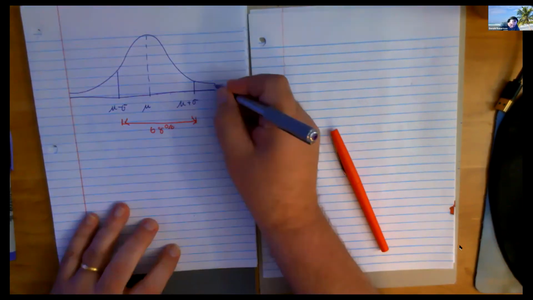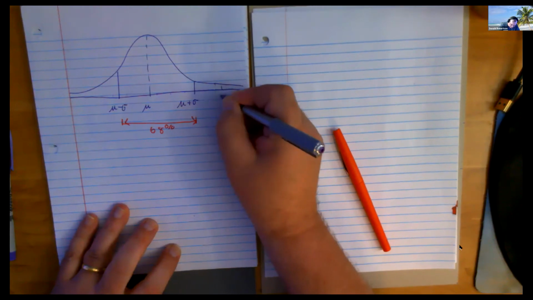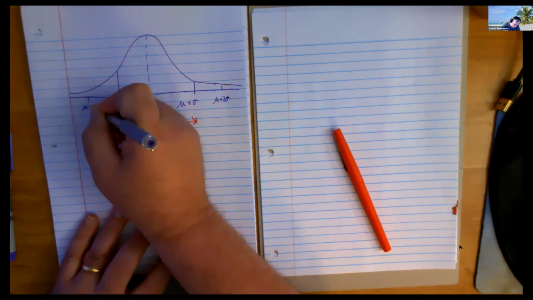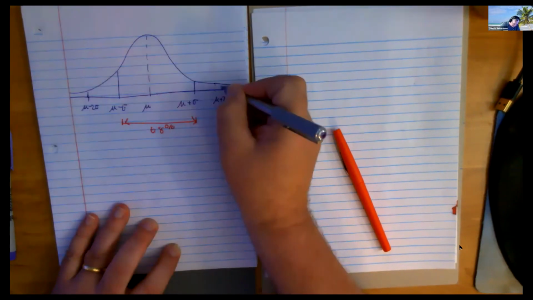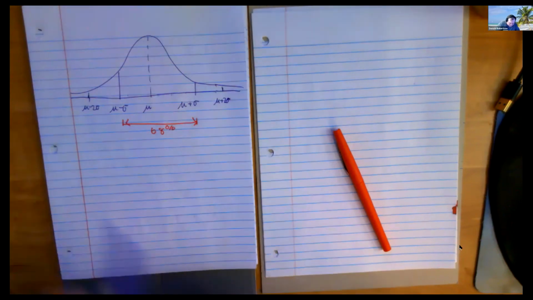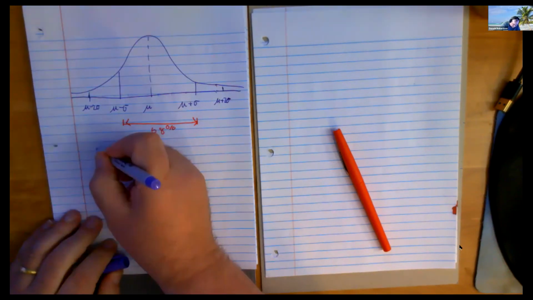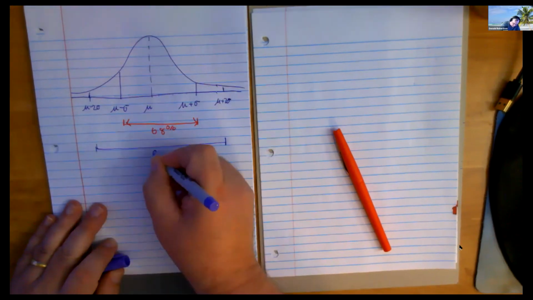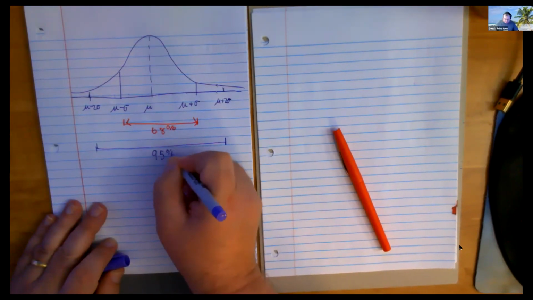Now, if you then move out to 2 standard deviations, which takes us to here and to here, then anything between this point and this point, you will find 95% of the data.